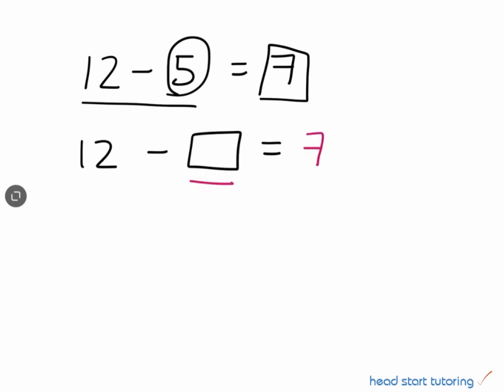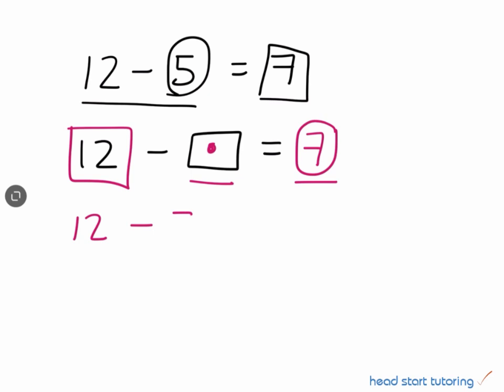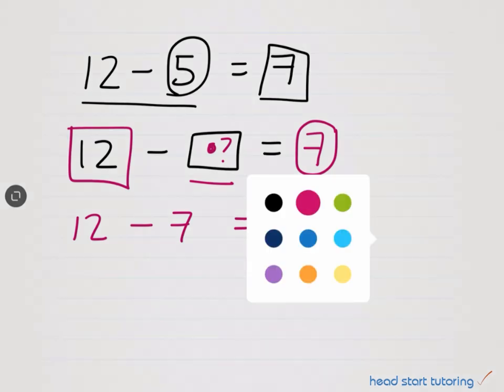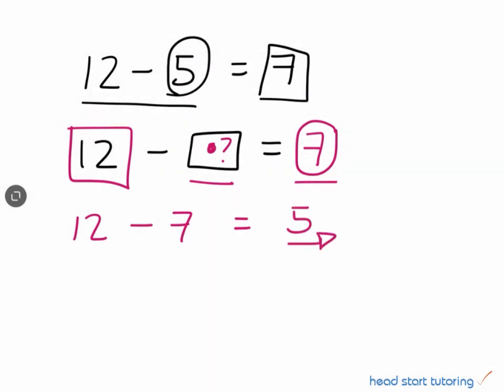Well, because we know that this number and this number added together would give us an answer of 12, we just need to say 12 minus 7, and that would give us an answer of 5, which would be our question mark over there. So in another example, if we have got 15 minus 8, that would also give us an answer of 7.